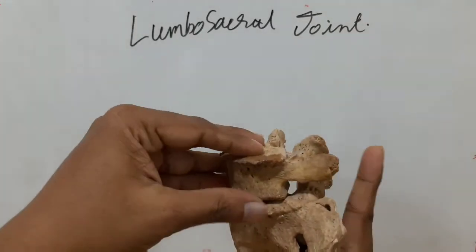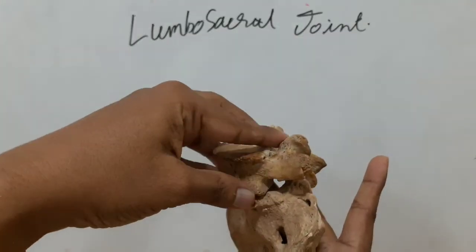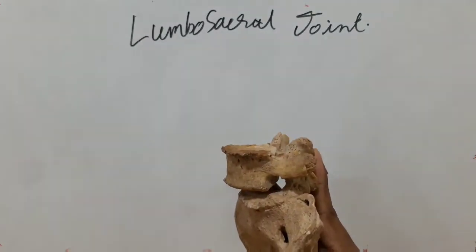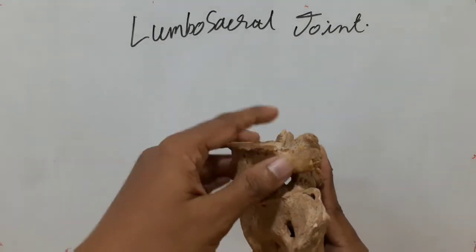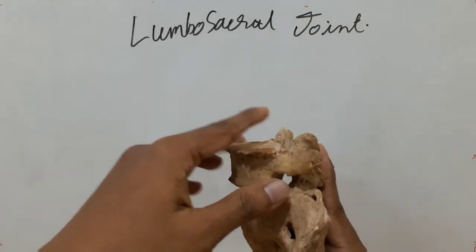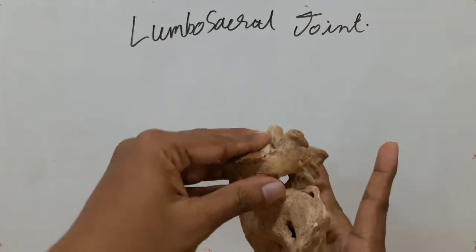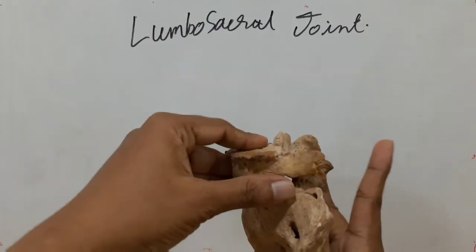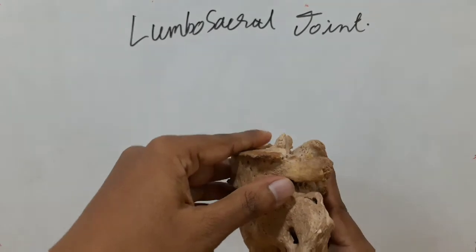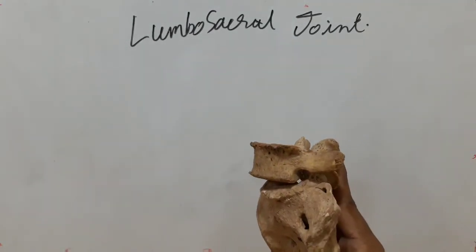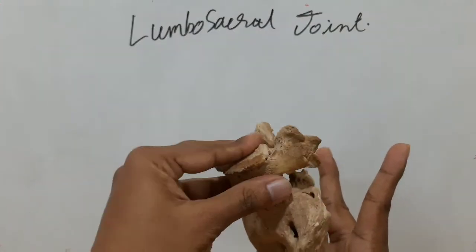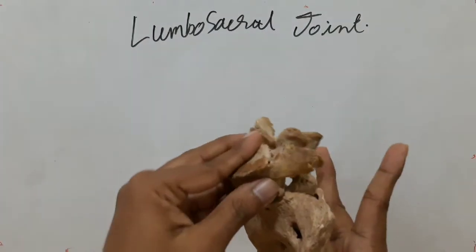Range of motion: as we have discussed, the flexion range of motion of the whole lumbar spine is 50 degrees. But when you isolate, and I have also told you there is maximum range of motion at the lowermost level, so this is the lowermost level. How much is the range of motion? Around 12 to 13 degrees. So the range of motion of flexion is 12 to 13 degrees at this joint.